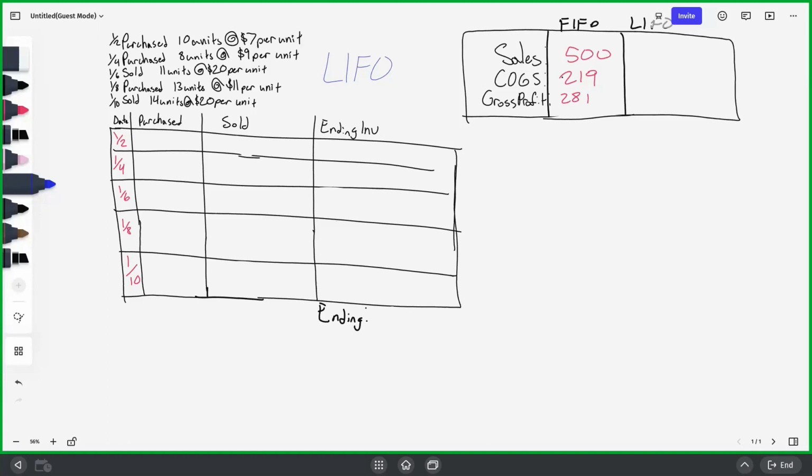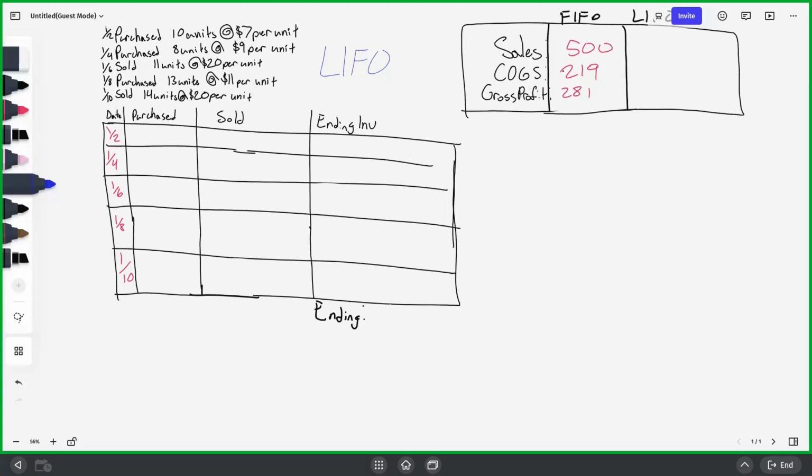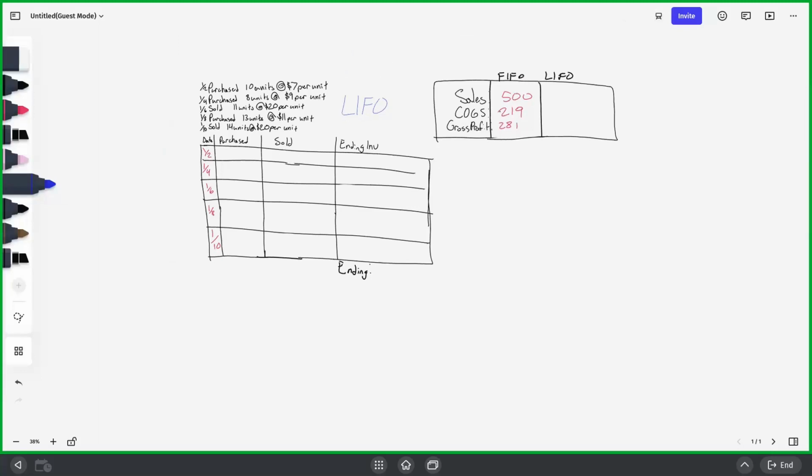So with LIFO, are you dividing when you take that 7? Nope, with LIFO, you're picking last in, first out. So you're going to focus not on what you bought first, but on what you bought last. Once again we have these: 10 units at 7, and then 8 units at 9.